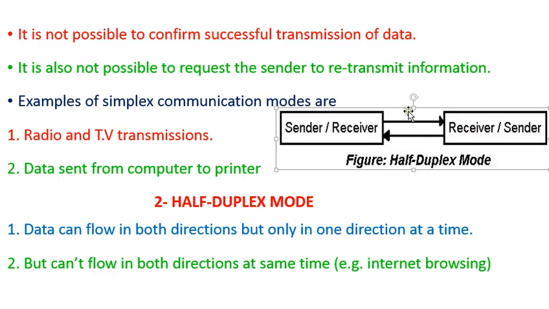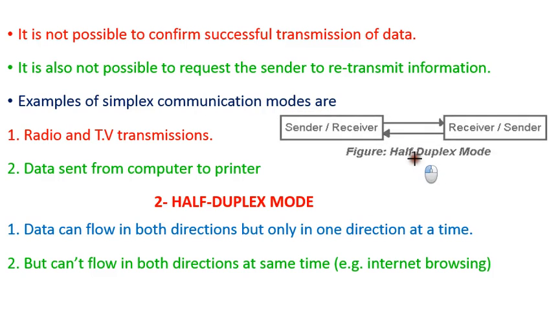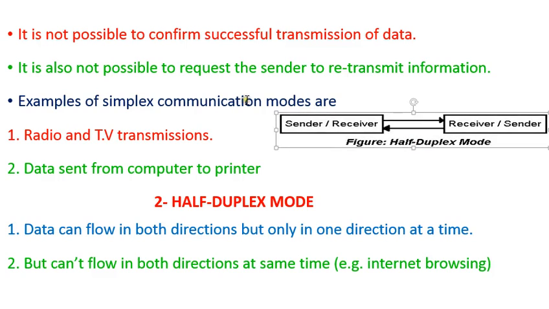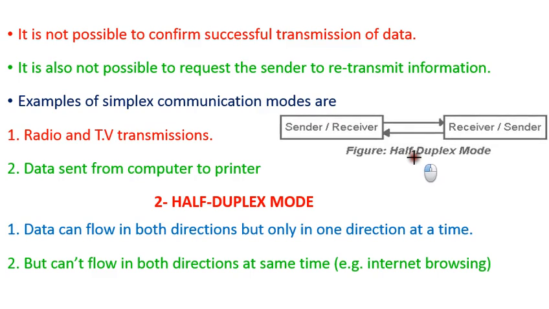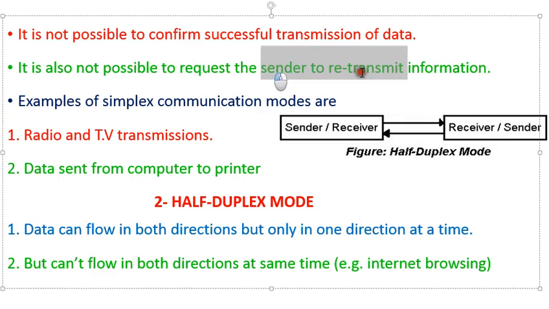Another issue is that it is not possible to request a resend of the data in case an error is detected. If we find out that there is an error in the data sent, there is no way that the receiver will send back to the sender and tell him, please transmit the data again to me because the one you sent has an error. The reason is simply because there is no feedback channel.